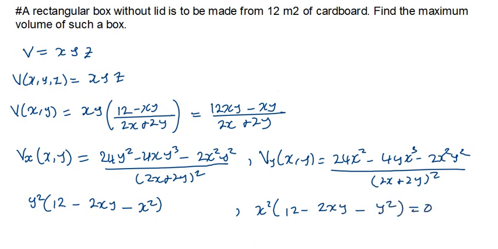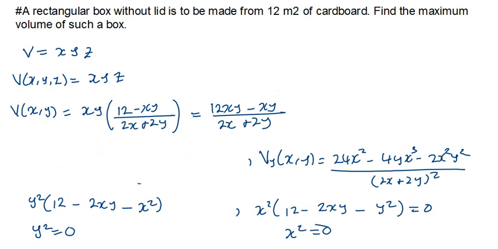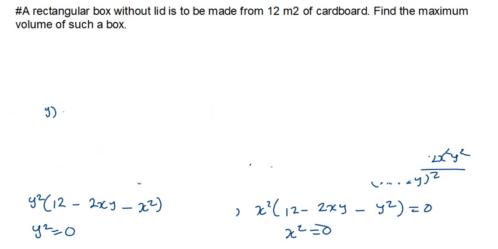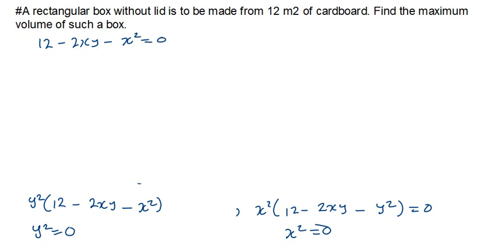Equals 0. So here we observe that our y squared equals 0, or on this side our x squared equals 0, making our x equal to 0. But we are not done. We can now say 12 minus 2xy minus x squared equals 0 as well.